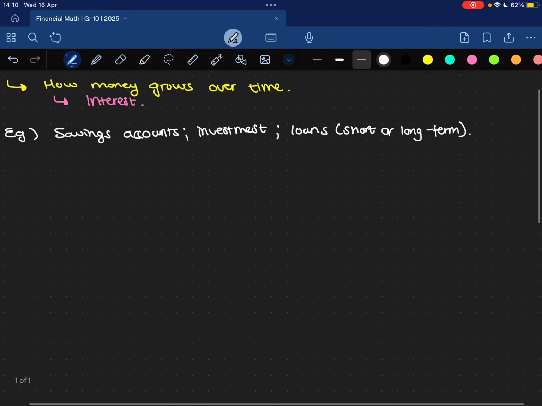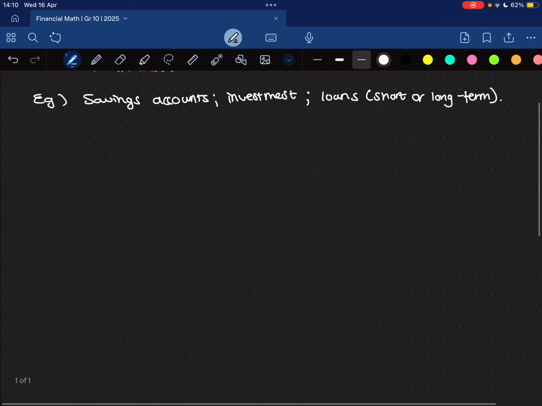Okay, but the main thing is that we're going to have an amount of money that's going to change over time.